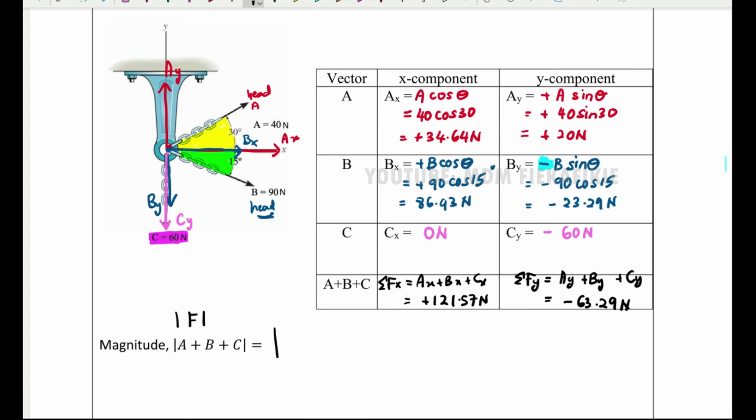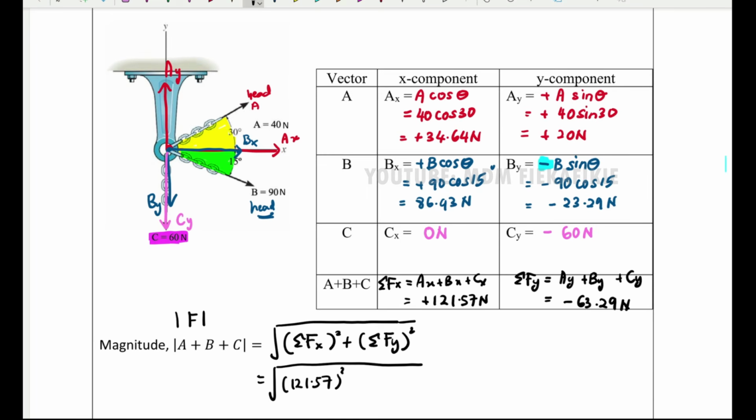Okay, which is square root total force in X component squared plus total force in Y component squared. Okay, and then you substitute all the values. So, 121.57 squared jangan tertinggal. Negative 63.29 squared jangan tertinggal.